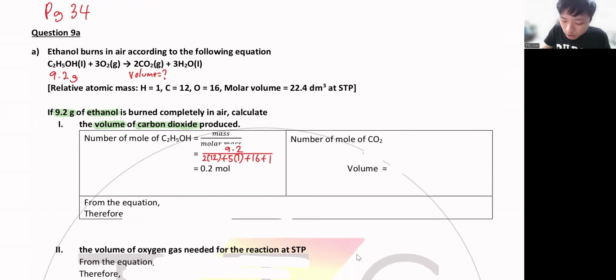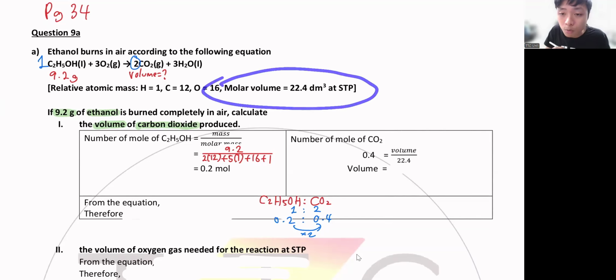Then you do the ratio. The ratio C2H5OH to CO2 is 1 to 2. No number means 1, then this one is 2. So 1 to 2. 0.2 means you get 0.4. The molar volume here they've given is 22.4.